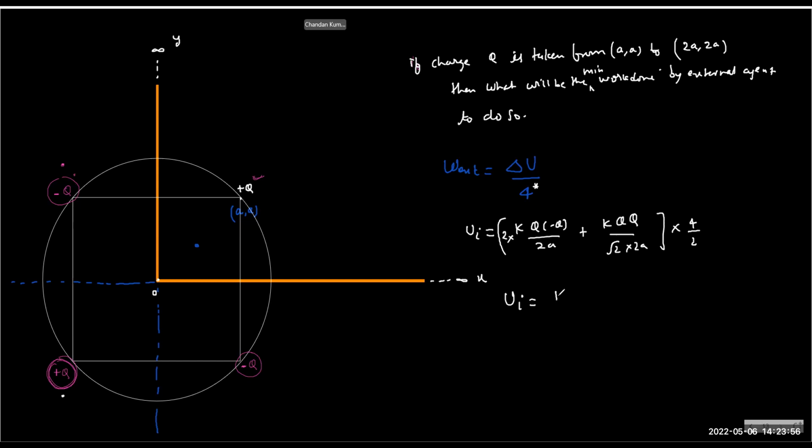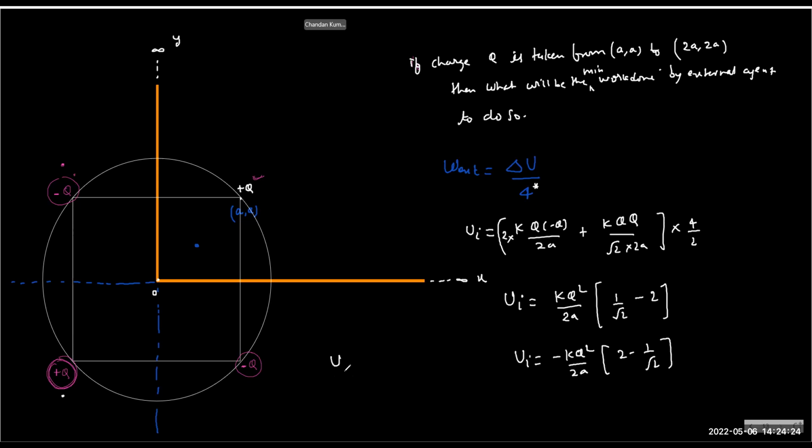So it turns out to be KQ square by 2A, we can take common. And therefore what is left will be 1 by root 2 minus 2. It's a negative answer, definitely. So the U initial is minus KQ square by 2A, 2 minus 1 by root 2, because that's negative.